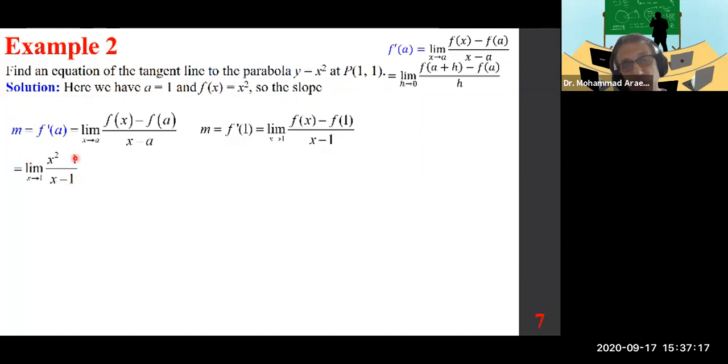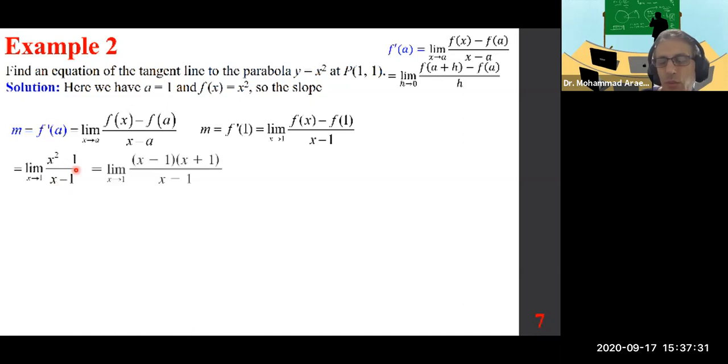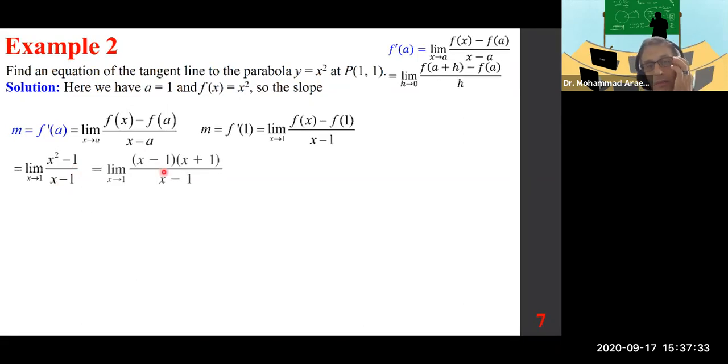Now your algebraic techniques kick in and the top can be factored. And again, remember the problem is x minus 1 in the denominator giving you 0. So you probably have x minus 1 at top. You do, you get rid of it, you get x plus 1, and you plug in and you find your slope. It's pretty straightforward, class. Okay, there's really not much to it.